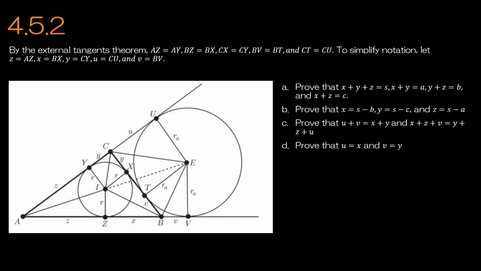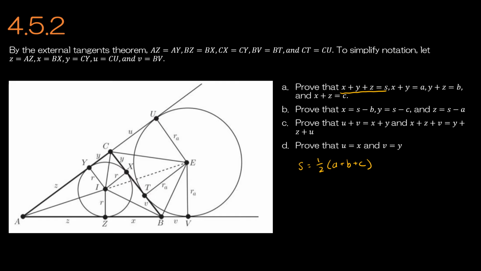For the next part of our proof, we're going to take a look at just some equalities that we will need later on. So for the first one, we're going to prove that x plus y plus z is equal to s. Well, if you'll recall, s was 1/2 a plus b plus c.